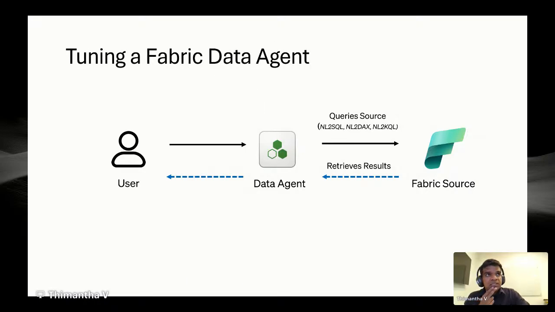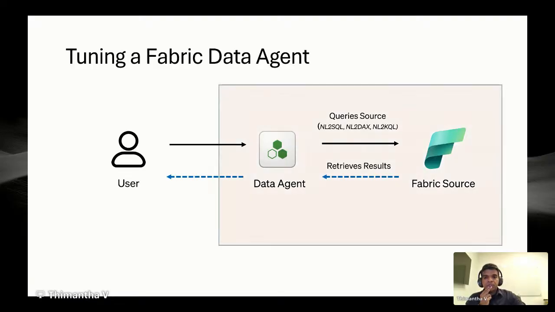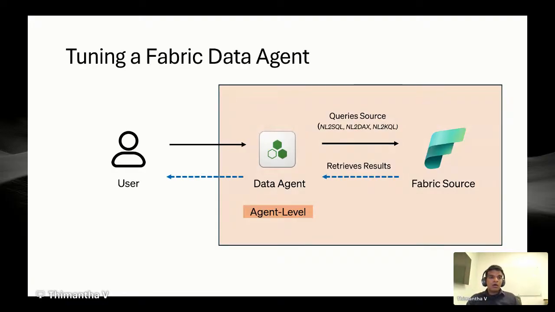Now, in this session, our scope is completely going to be between this data agent and the Fabric source. This is simply where all your tuning happens. You can tune your data agent at the agent level, and also at the source level.